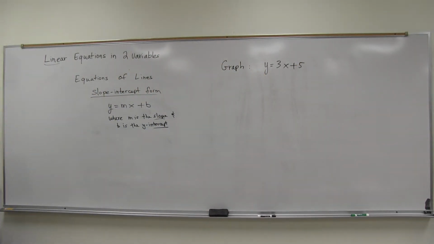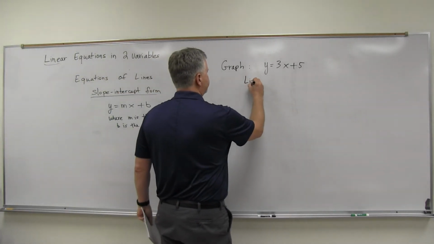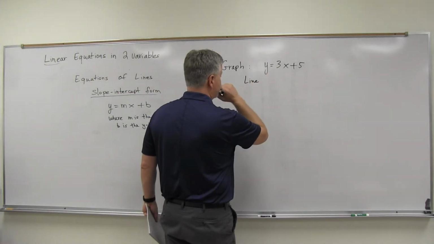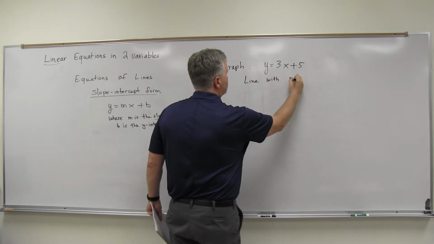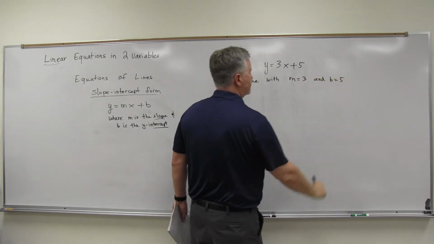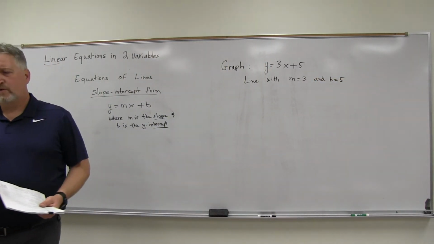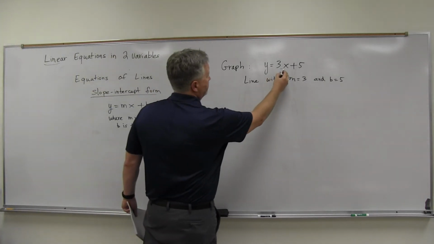That's not hard, but you have to recognize it's a line, right? Why is it a line? It's in y equals mx plus b form. And what is my slope? 3. m is 3, and b? 5. So m is 3, b is 5.